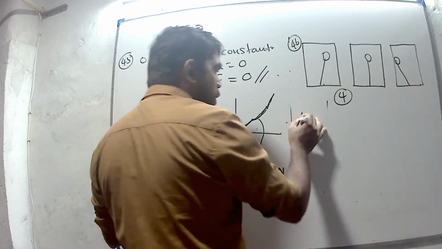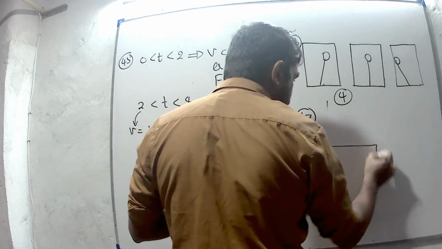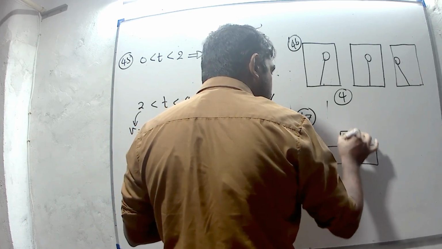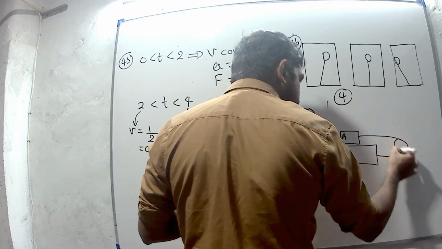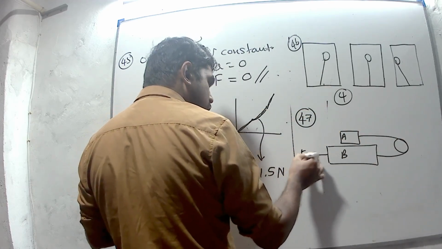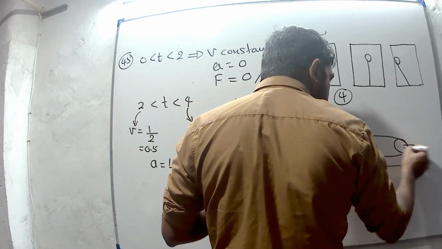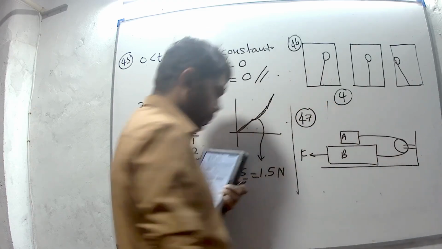Then question number 47. There is a diagram like this. There are two blocks A and B connected with this string, and there is a horizontal force F on the system. The pulley is connected to the wall. It is not moving.